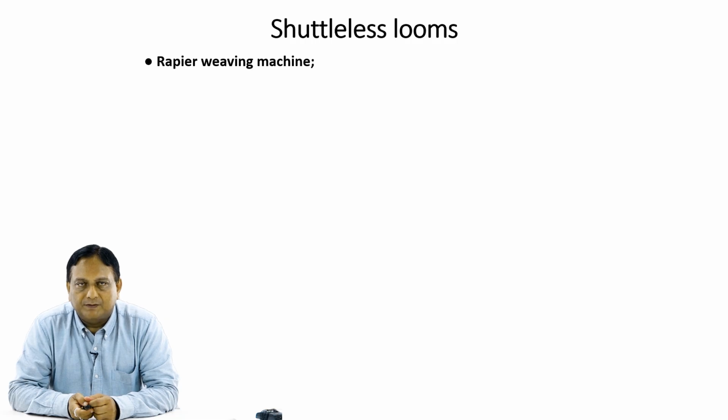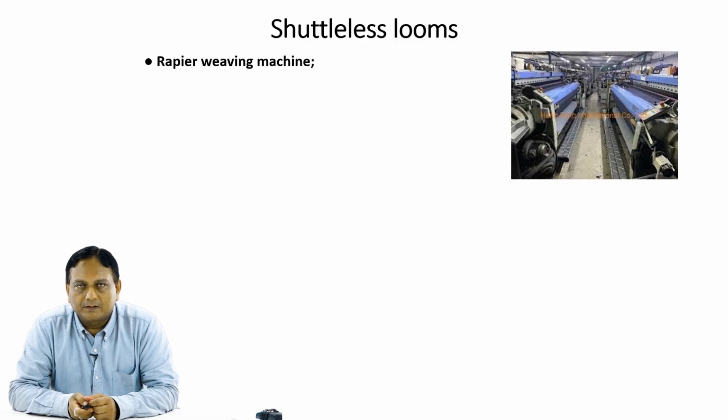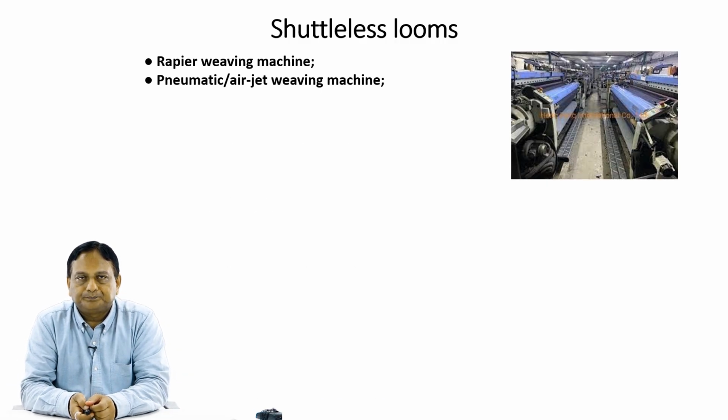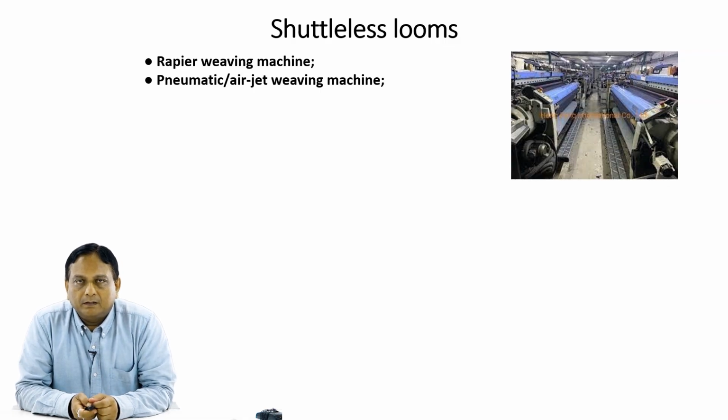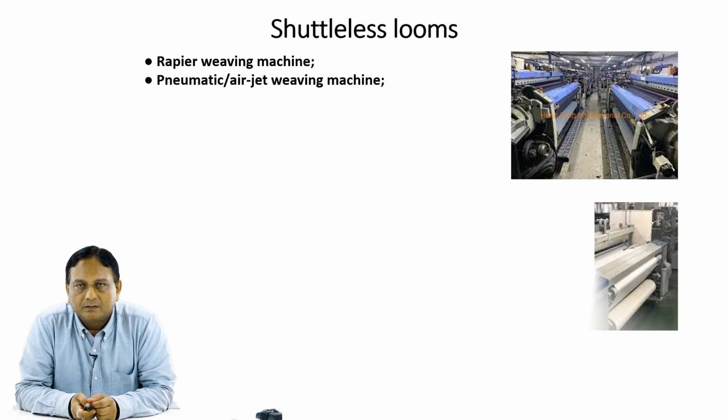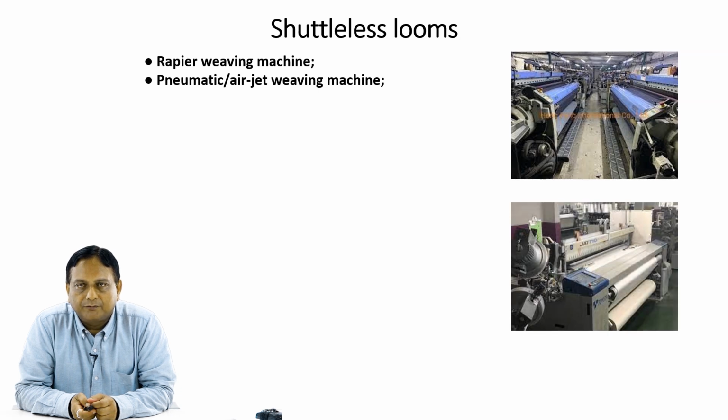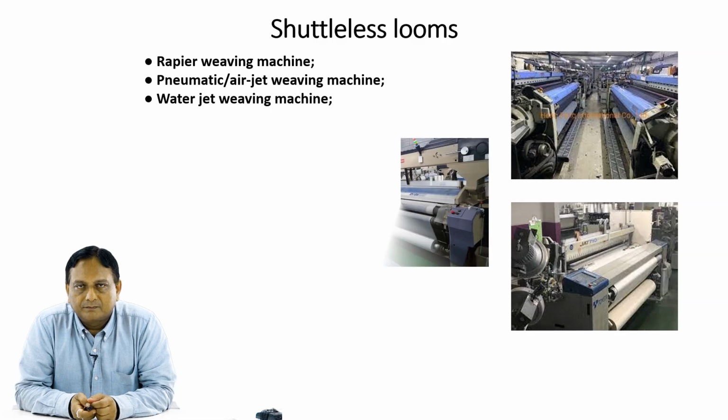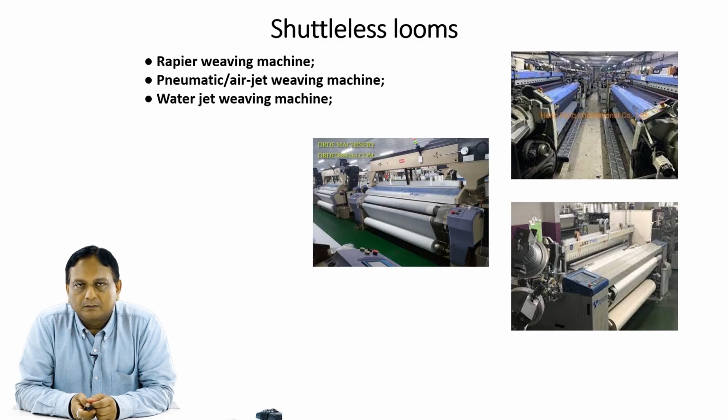Now rapier weaving machines are one of the most popular shuttle-less looms, and the operation of a shuttle-less loom like the rapier is shown in the figure. Then in the shuttle-less category come the pneumatic or air jet weaving machines, shown in the figure. Then come the water jet weaving machines, as shown here.